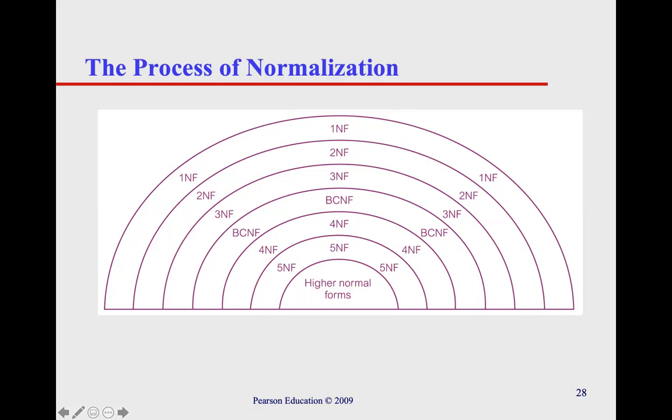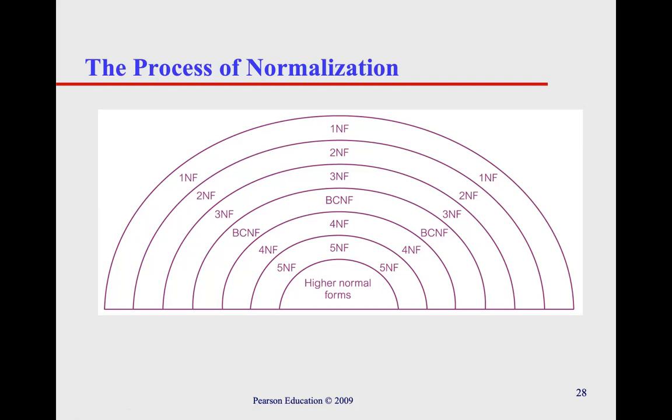In this course, we're only going to be concerned with getting up through third normal form. The book talks about Boyce-Codd normal form. I'm going to give you an example of a situation where third normal form is not in Boyce-Codd normal form, but that is a fairly rare situation.